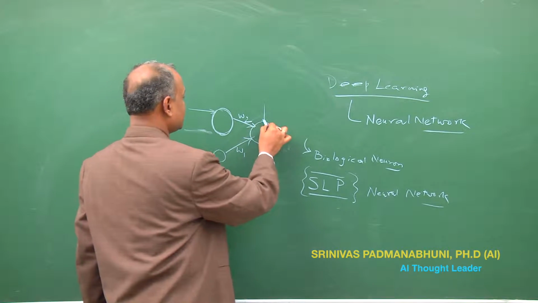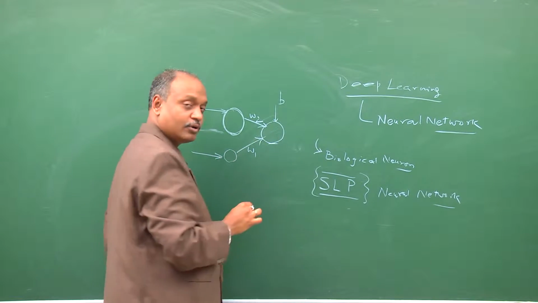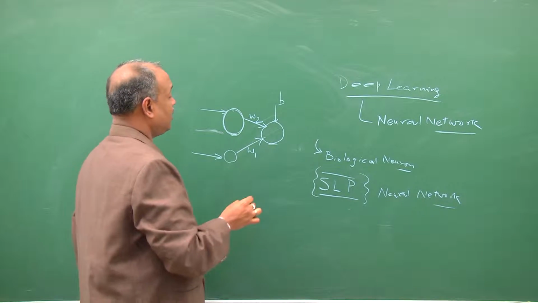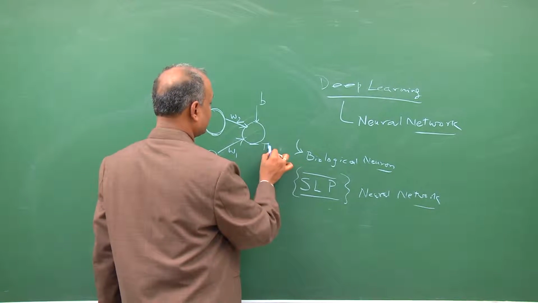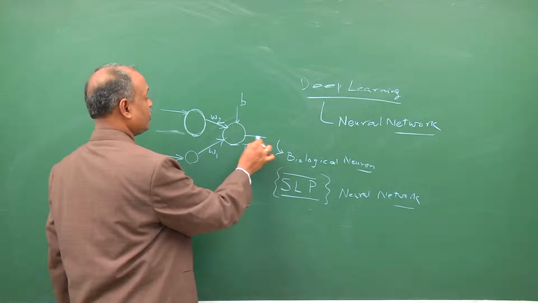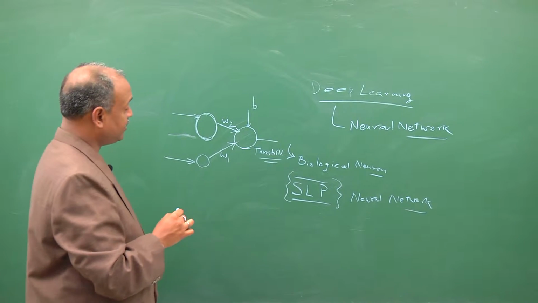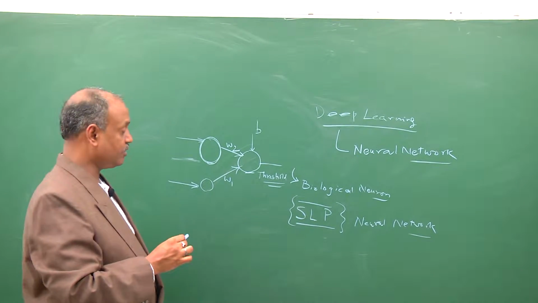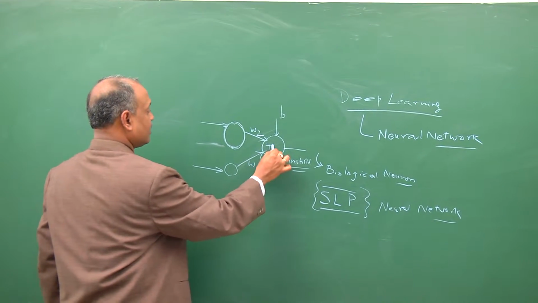Then there is something known as a constant node or a bias node, and there is something here known as a threshold function in the thresholding unit, or what is known as a TLU, threshold logic unit. So this is something known as a TLU.